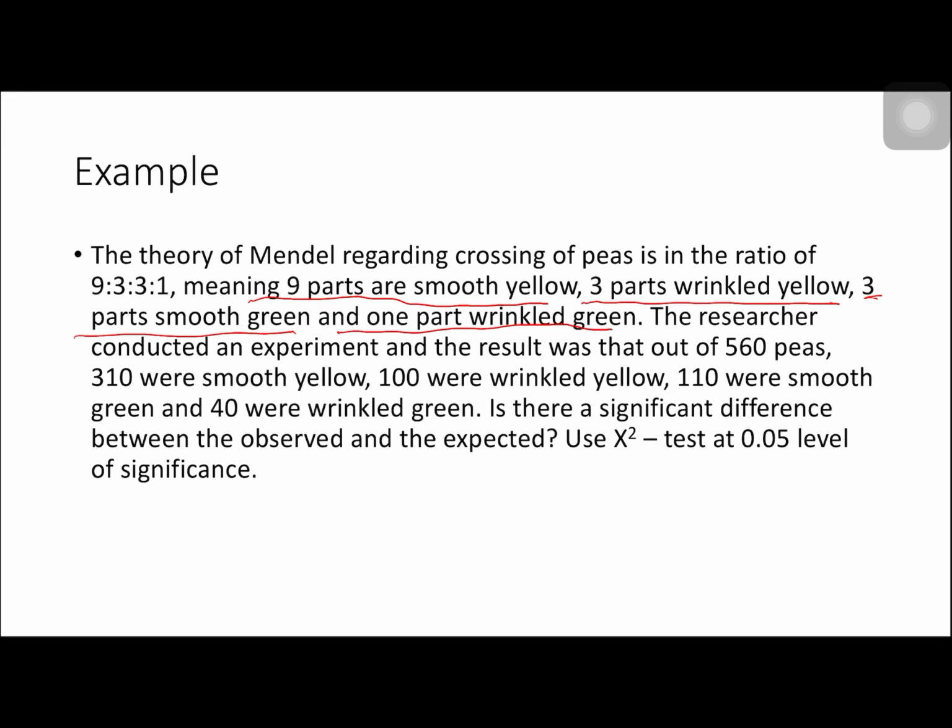The researcher conducted an experiment and the result was that out of 560 peas, 310 were smooth yellow, 100 were wrinkled yellow, 110 were smooth green, and 40 were wrinkled green. Question: is there a significant difference between the observed and the expected frequencies? We will be using the chi-square test at 0.05 level of significance.